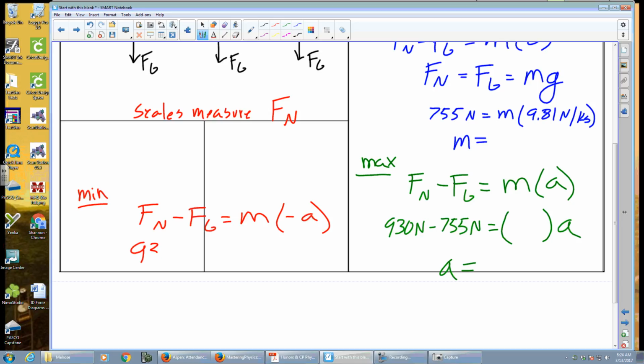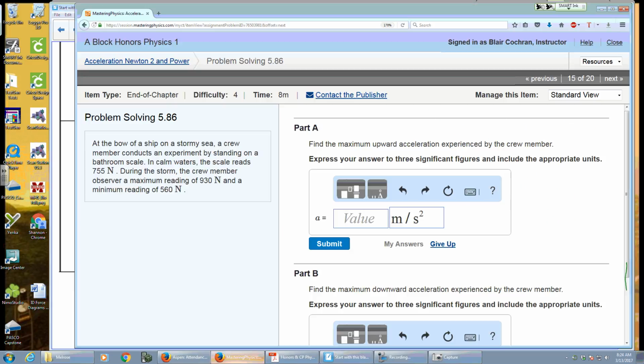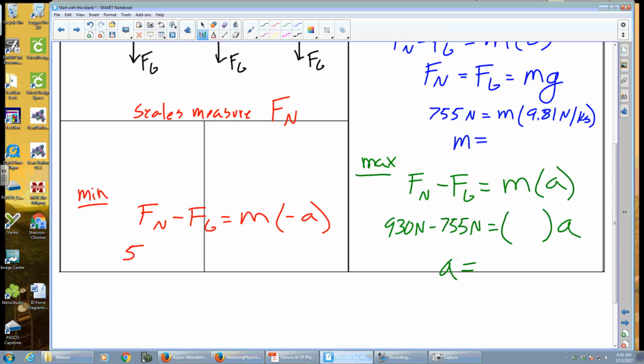So I end up with, not 930, but what do they tell me? 560 minus 755 equals m, whatever it is, times negative A. Glad that A is negative because 560 minus 755, that's a negative number, isn't it?